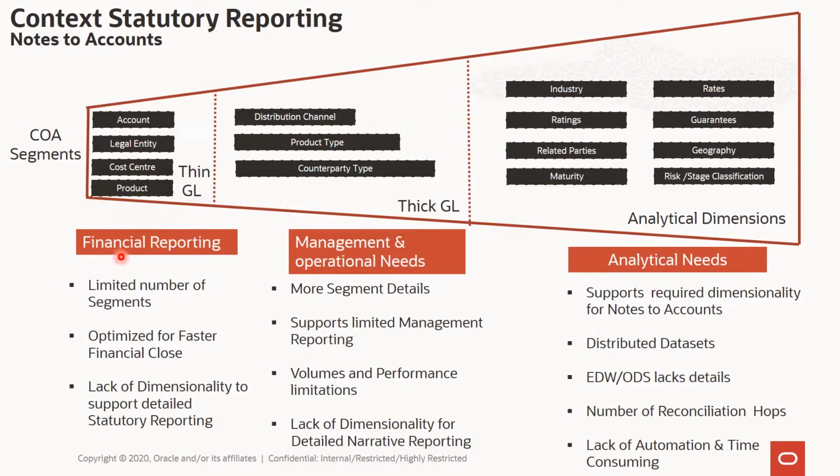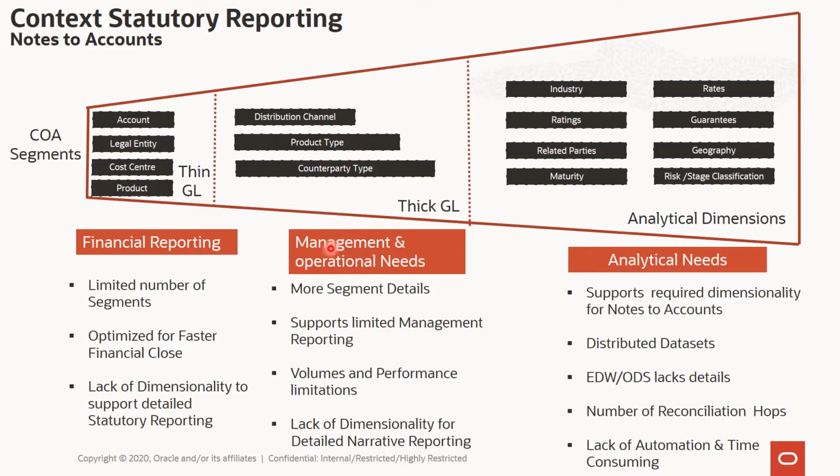But where this falls short is to support your detailed management reporting or, for that matter, detailed notes to accounts for your statutory reporting. Now, when we look at the thick GL design, banks would like to hold additional dimensionality to support references, like for example, distribution channel, product type, or specific treasury department needs, where you would like to have more granular details, including trade level details to get to your department level P&L.